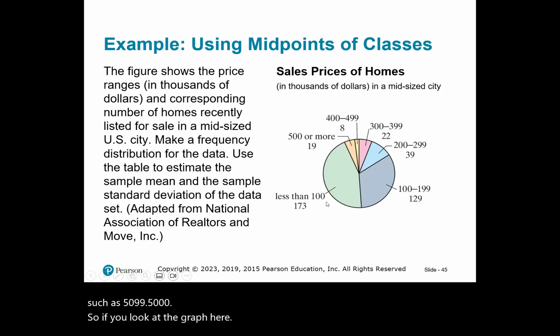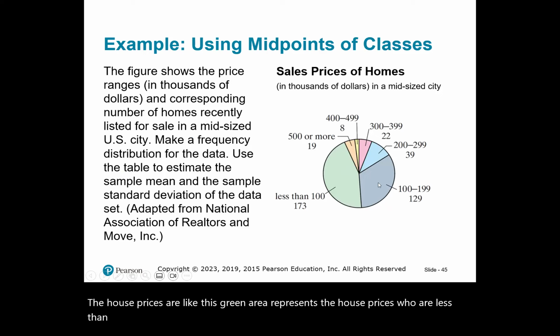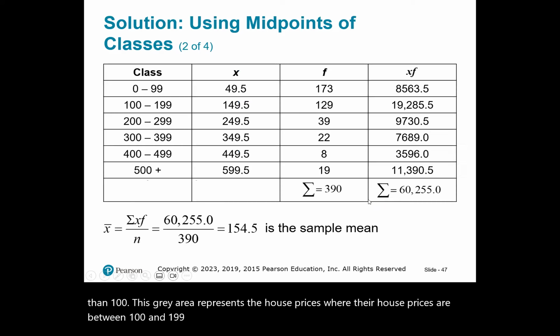If you look at the graph here, this green area represents the house prices that are less than 100. This gray area represents the house prices between 100 and 199. So the first class is between 0 and 99. The second class is where the house price starts at $100,000 and ends at 199.